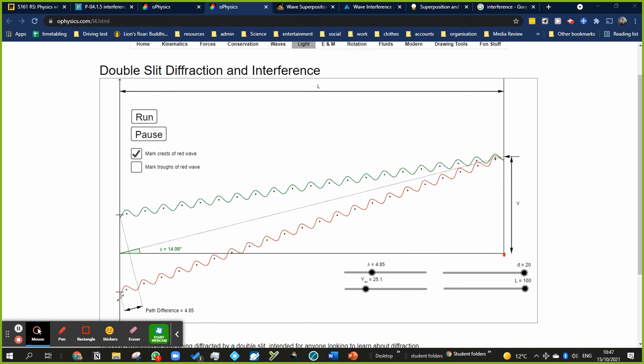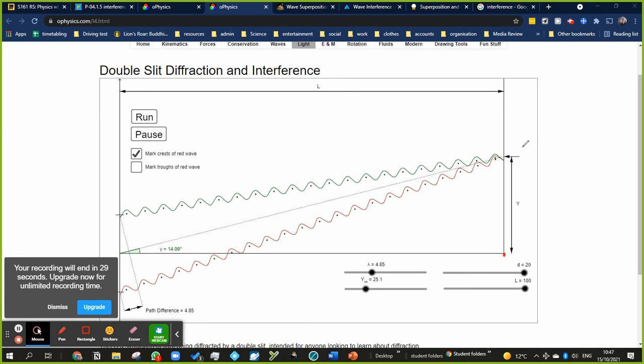Now the path difference is exactly one wavelength because they're constructively interfering once again. If I were to go to the next constructive interference point up, the path difference would be two wavelengths. So we'll just stop that video there because it's going to chop it off anyway.